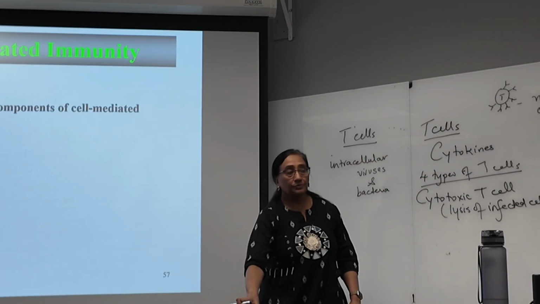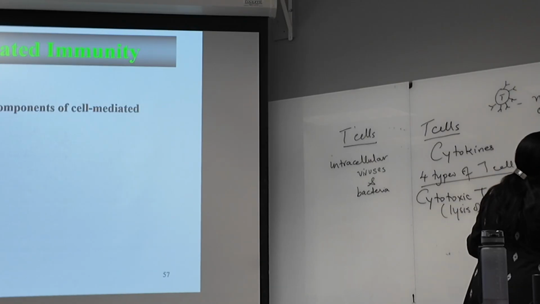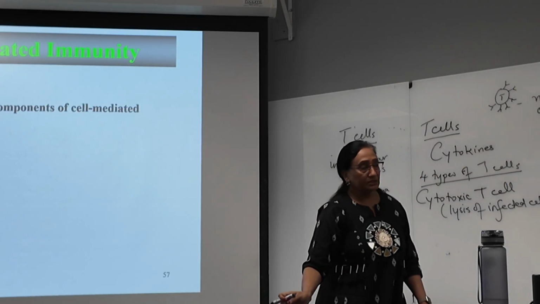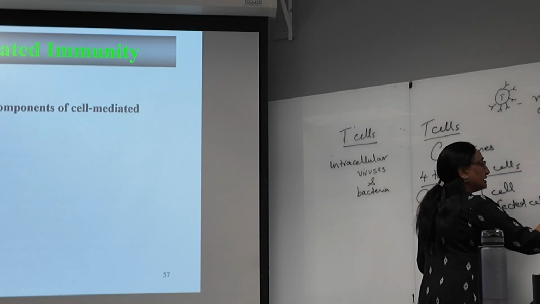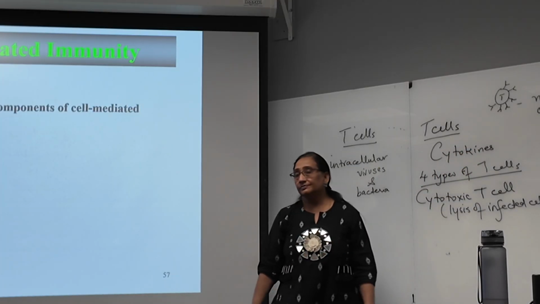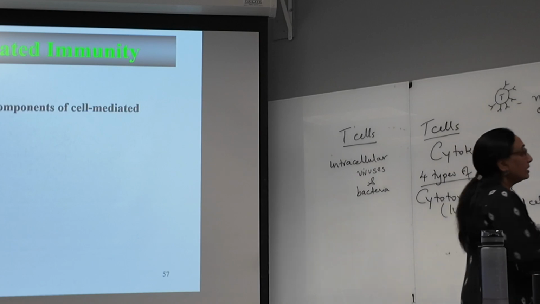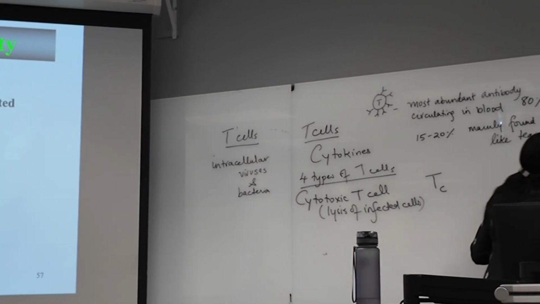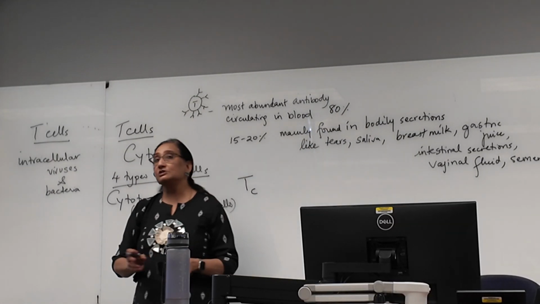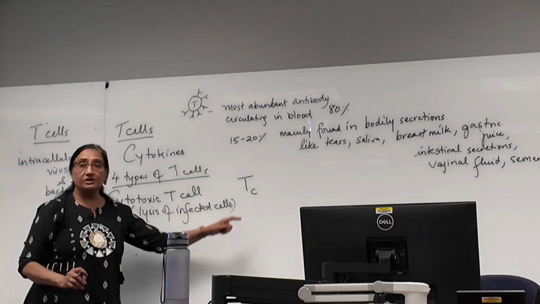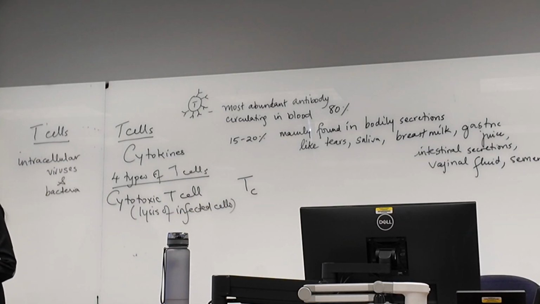Okay. The way we write this in immunology, they write it as TC, cytotoxic T cell, okay, TC. And in the language of immunology, most immunologists won't refer to it as cytotoxic T cells.